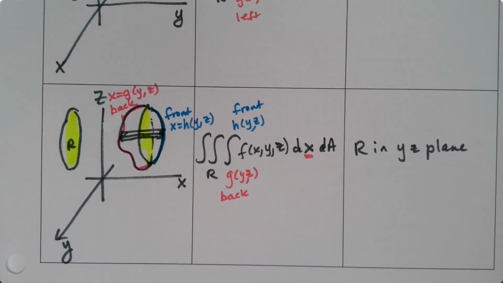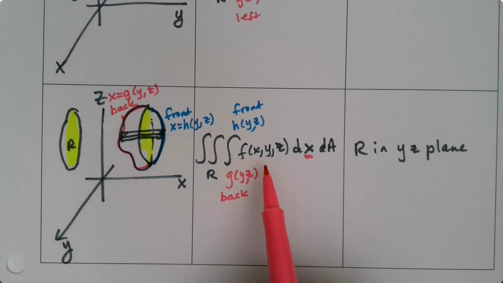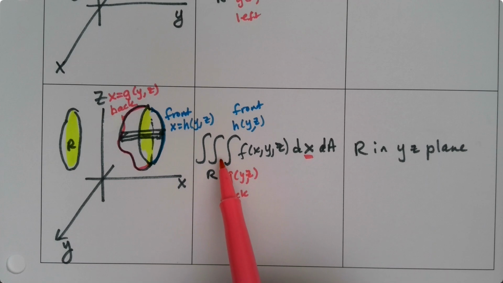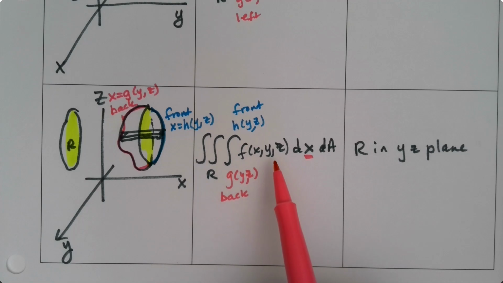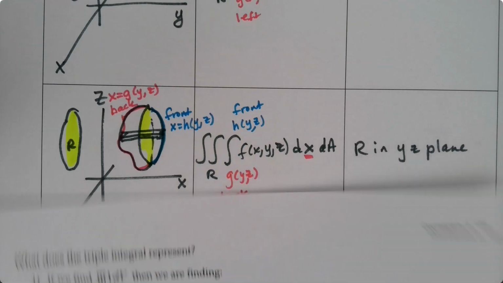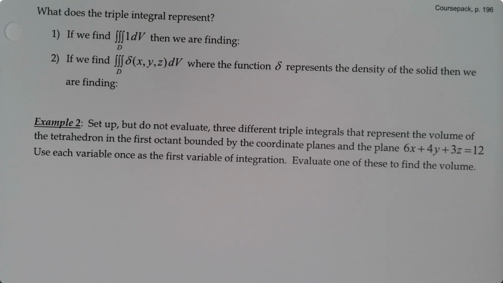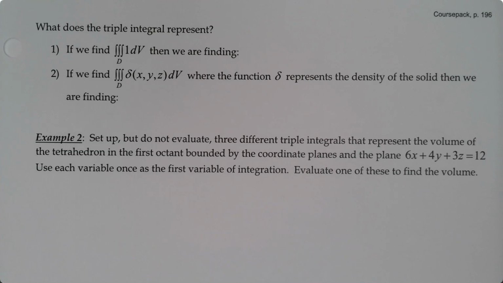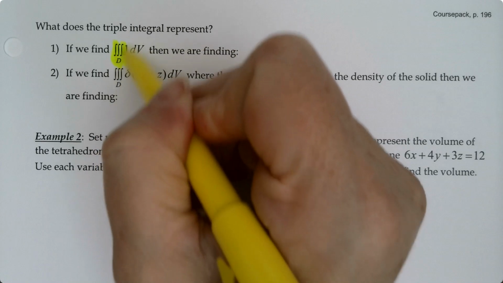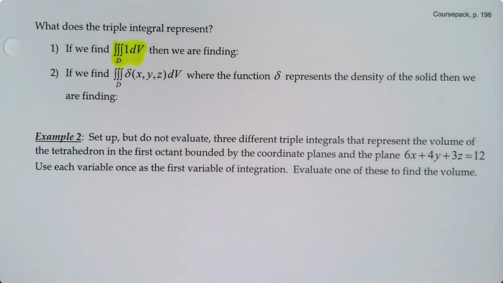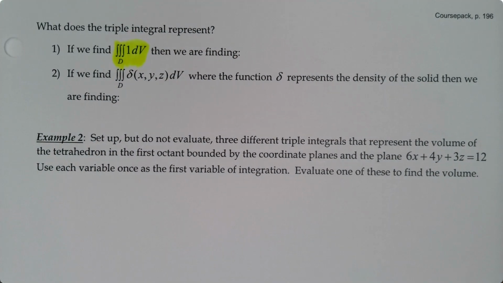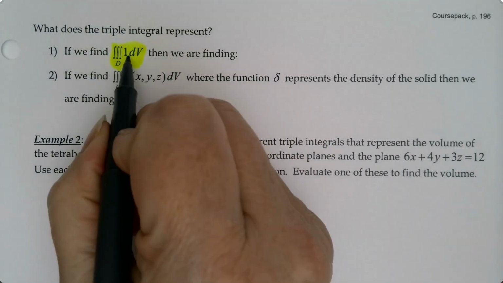Now, a natural question to ask would be, what does it mean when you have this function in here? Because a double integral of a function finds the volume. What's a triple integral of a function? Very good question. Right, so that's what the next page says. If you take the triple integral of 1, that is the same thing as the double integral of a function, right?